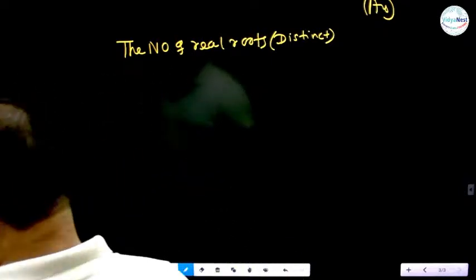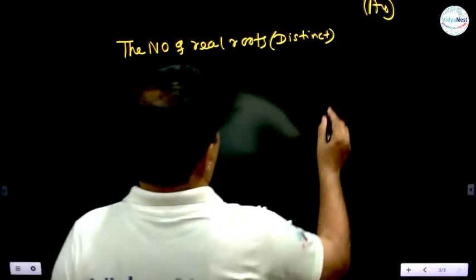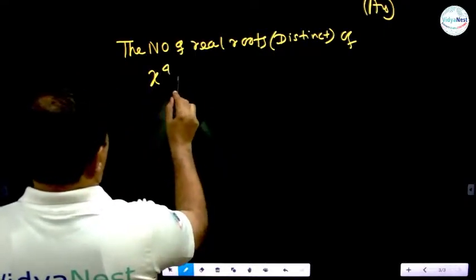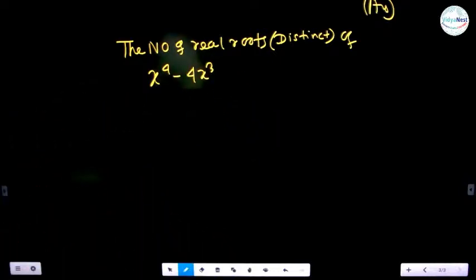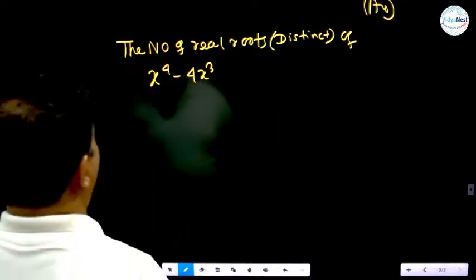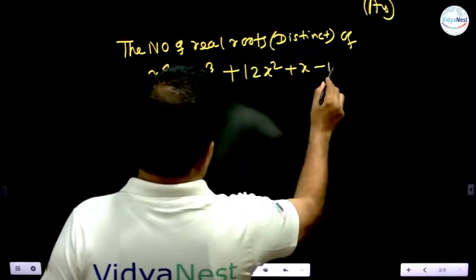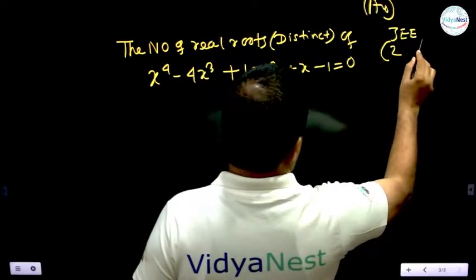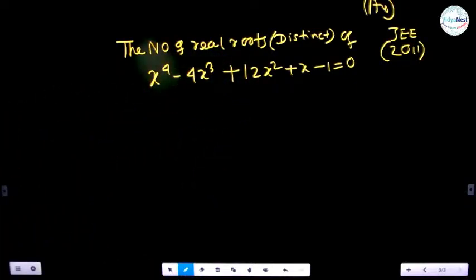Number of real roots of the equation x to the power 4 minus 4x cube plus 12x square plus x minus 1 is equal to 0 came in JEE 2011.